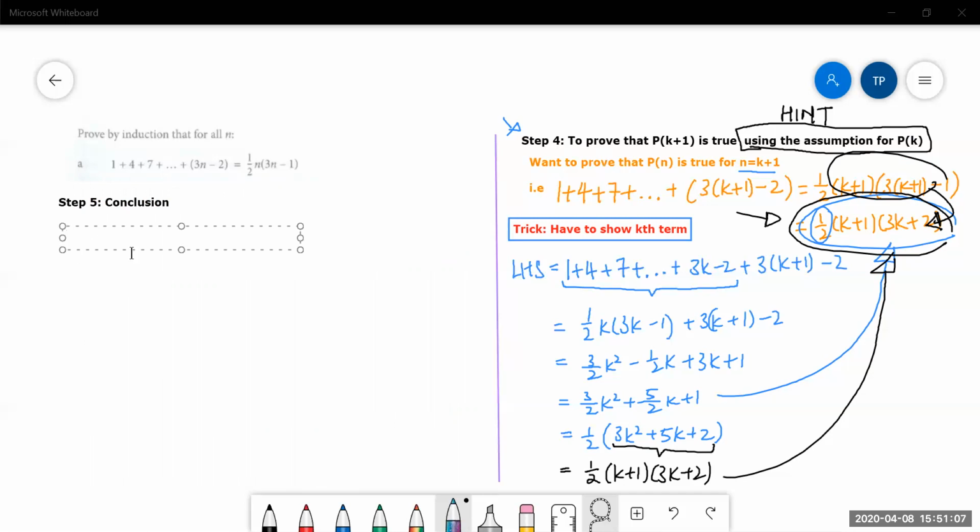Wait, at the bottom of step 4, do we have to write the therefore? Yes, right equals to left. You have to.